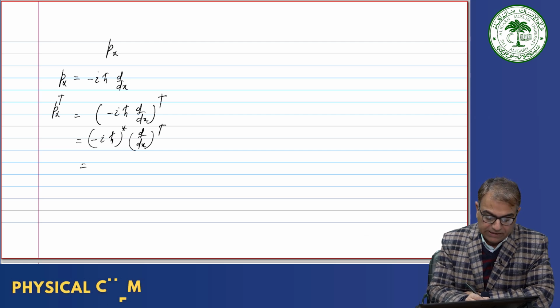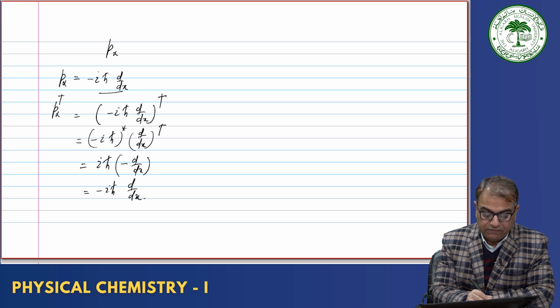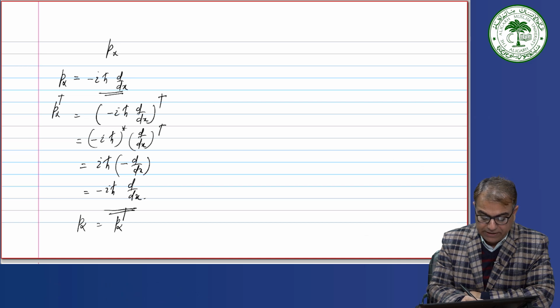So minus i becomes i h cross, conjugate of this, and this will be minus d/dx. So it will be minus i h cross d/dx. So px was this and px dagger is this. What does it mean? px is equal to px dagger.